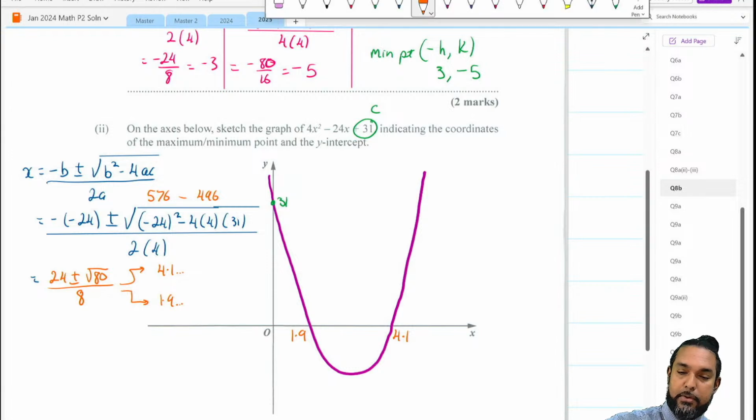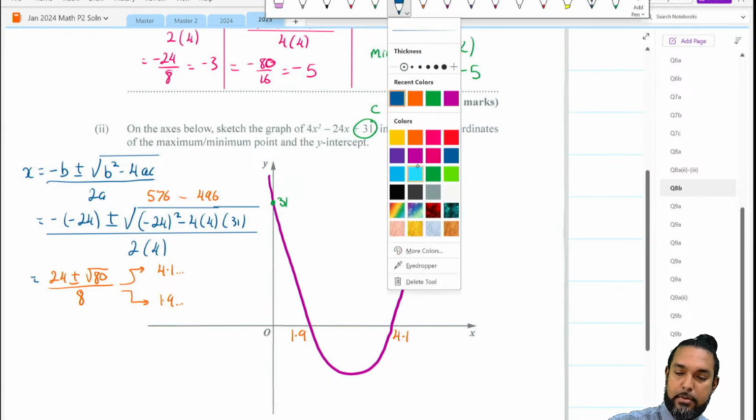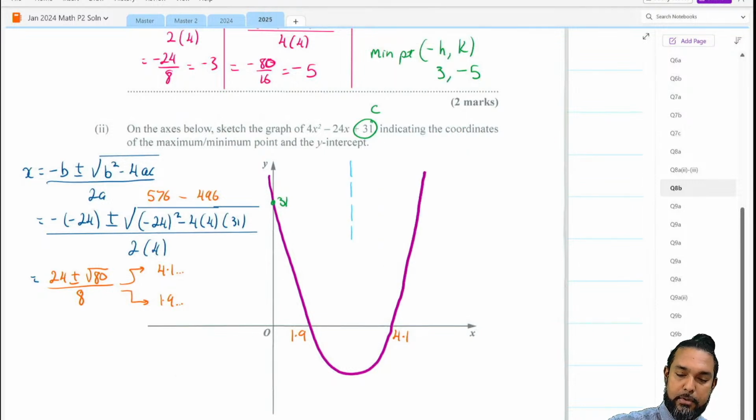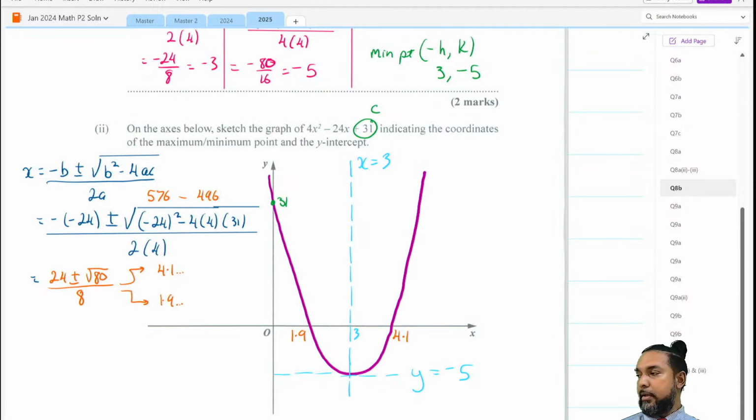If we drop a line here, that's the axis of symmetry, where x is equal to 3. The x value of the axis of symmetry is actually the midpoint of the two roots. And then of course you can read across here, so y is equal to minus 5. There you go.